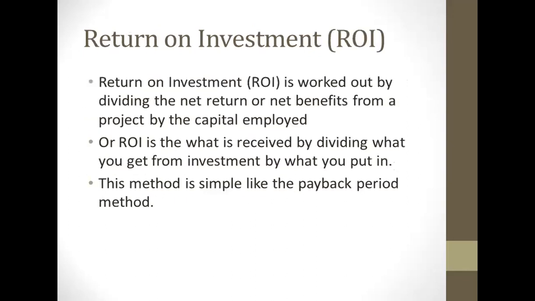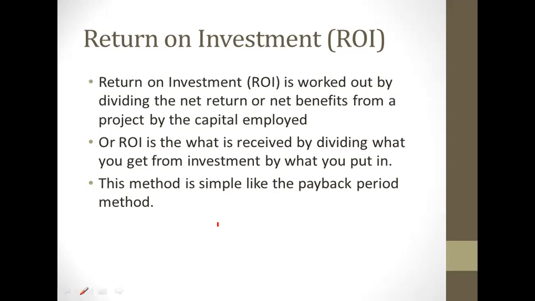Now, return on investment is another concept. Return on investment is worked out by dividing the net return or net benefits by the capital employed. So net benefits divided by the capital employed. So, or a rate of investment, return on investment is what is received by dividing what you get from investment.